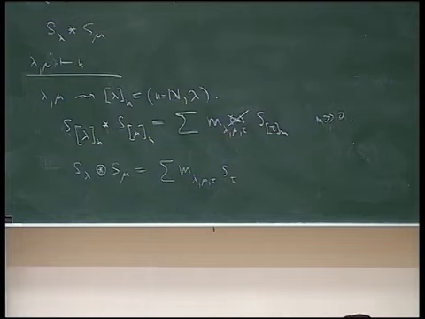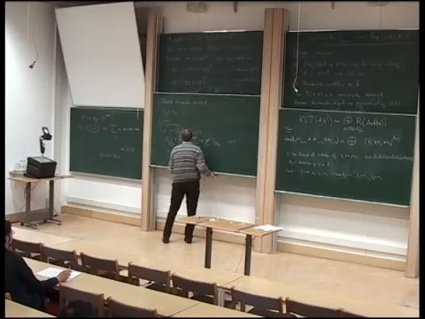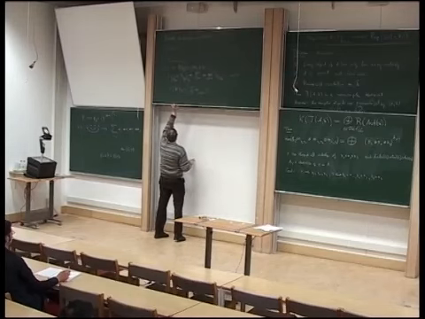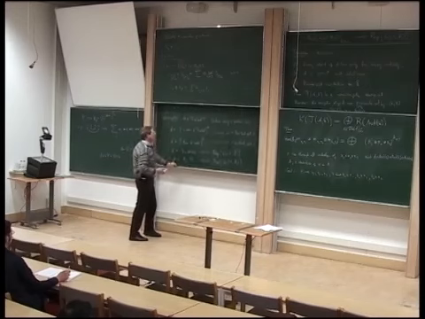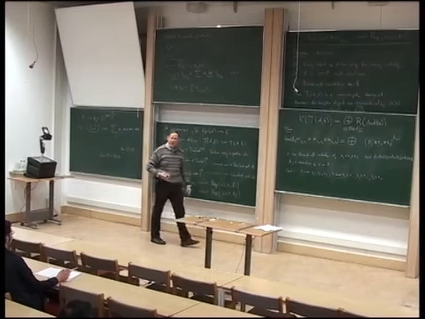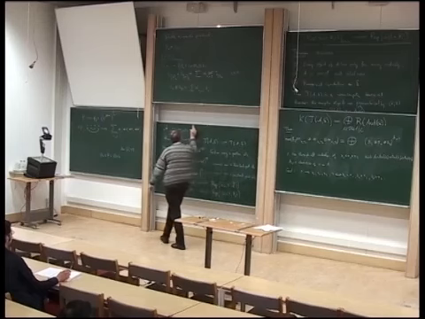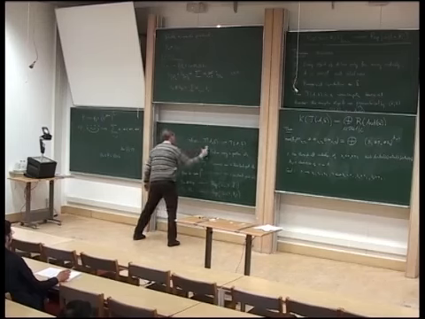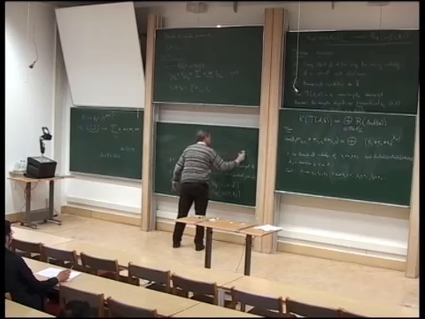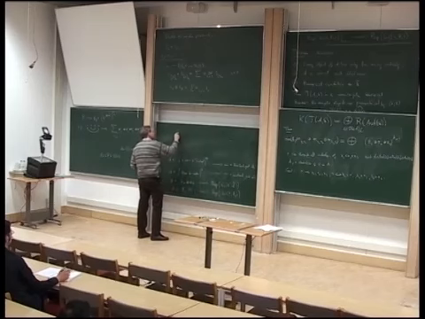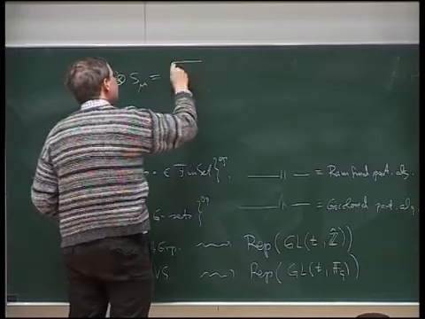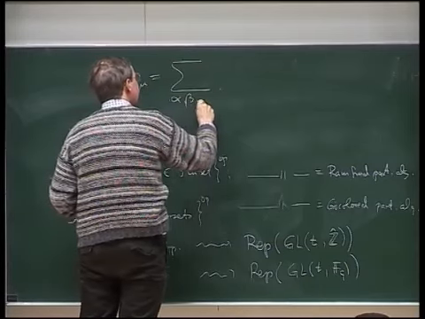And now, this formula here, specialized to the case of the finite set, gives, after maybe 10 lines of easy calculations, the following formula. S lambda star S mu is the sum over all alpha, beta, gamma.